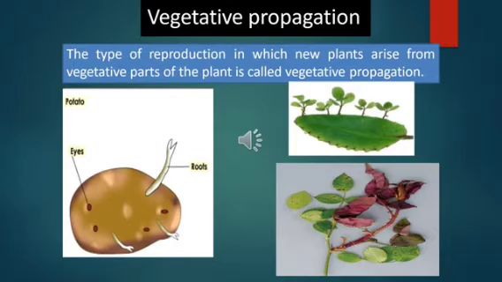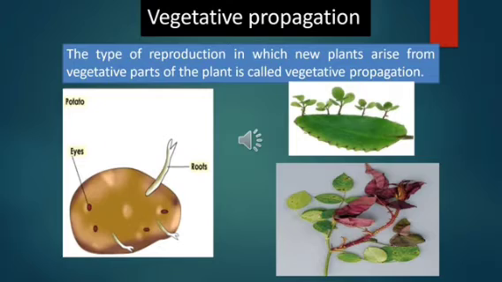Now similarly, you look at the next picture, which shows the bryophyllum plant. This bryophyllum plant is also called air plant.